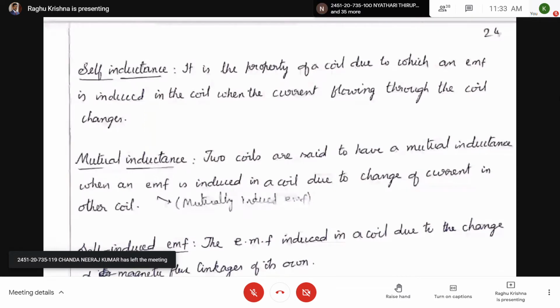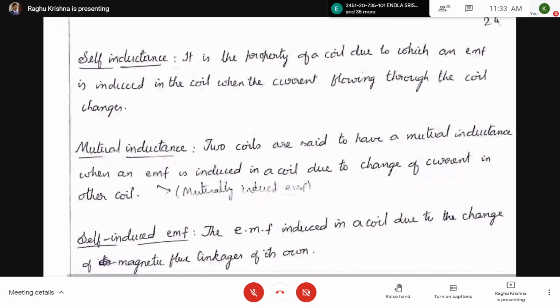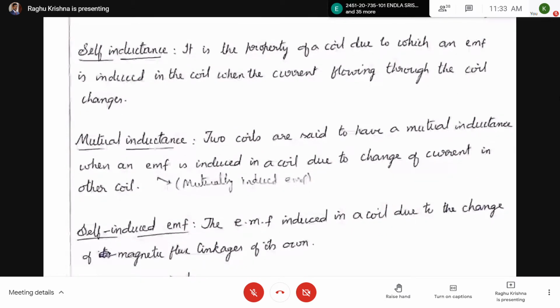Now coming to mutual inductance. Two coils are said to have a mutual inductance when an EMF is induced in a coil due to change of current in the other coil. So in mutual inductance, we are going to have two coils.